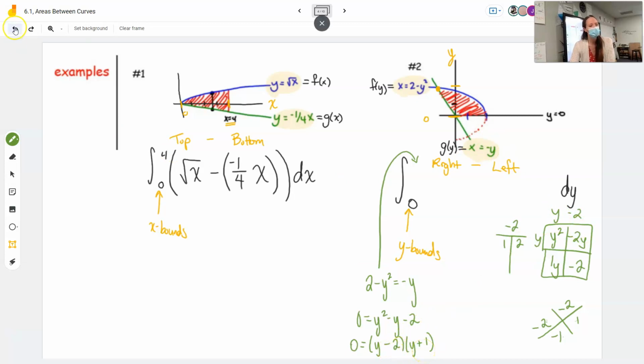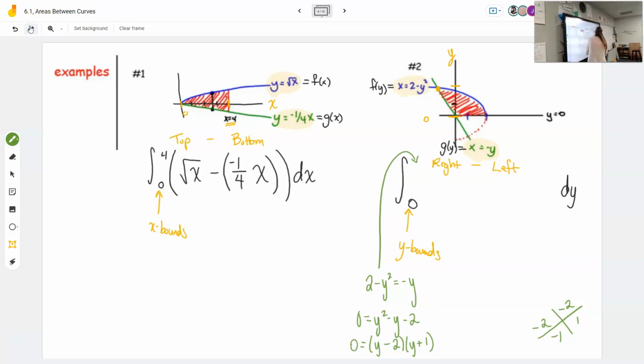Oh, they're both intersections. So when I get back to my graph, let's look at what makes sense. Because as you just said, when we solve both of those, we get y equal to negative 1 and 2. But I only need one of those. It would intersect at negative 1, but like we said, that's not a part of this figure. 2 is. So I use the 2 because that's the only one that makes sense based on what they gave me.